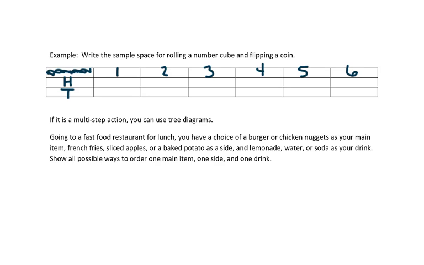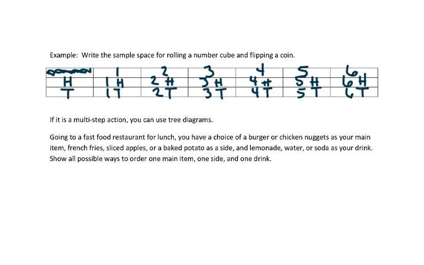So the sample space for doing the compound event of rolling a number cube and flipping a coin is made up of all of these combinations. So you could get a 1 and a heads, or you could get a 1 and a tails, 2 heads, 2 tails, 3 heads, 3 tails, 4 heads, 4 tails, 5 heads, 5 tails, and 6 heads, 6 tails.